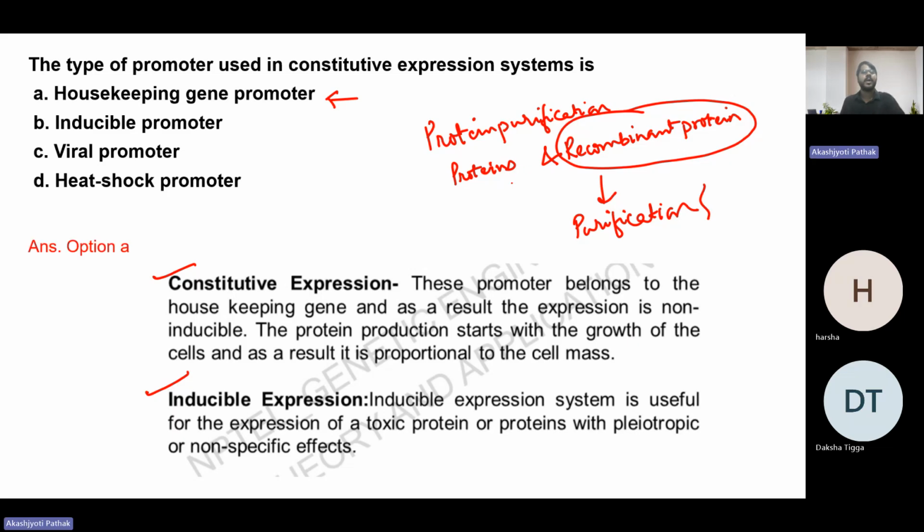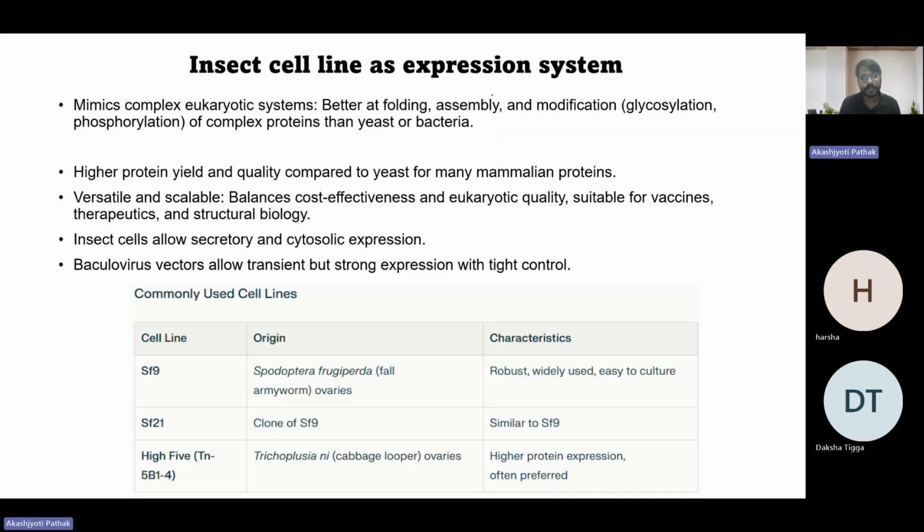Now, insect cell line as an expression system. If it is a very complex protein, for example a recombinant antibody or a therapeutic antibody, there are different types of therapeutic antibodies which are commercially available, like trastuzumab and these different mAbs.